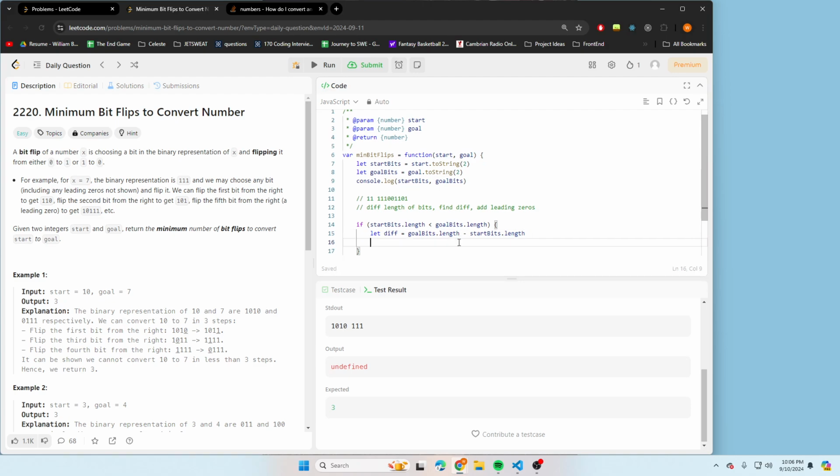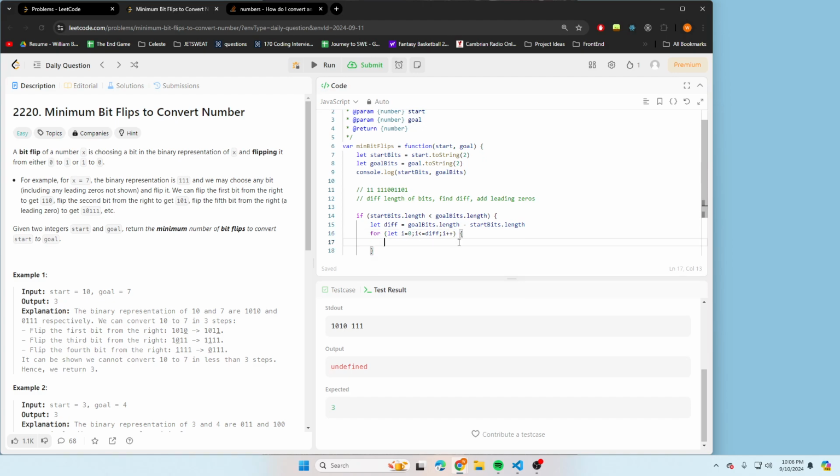And then we want to let i equal 0, i less than or equal to the difference, i plus plus, and then here we just do start bits dot unshift a leading 0.